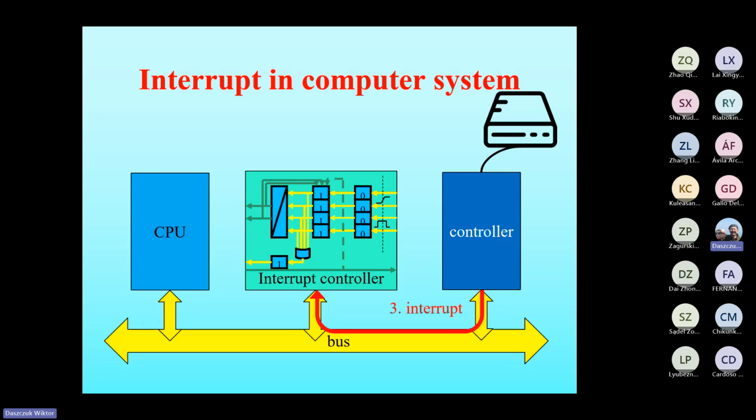But typically the number is smaller. The controller can send the interrupt to CPU or not, depending on current state. When it decides, what happens?